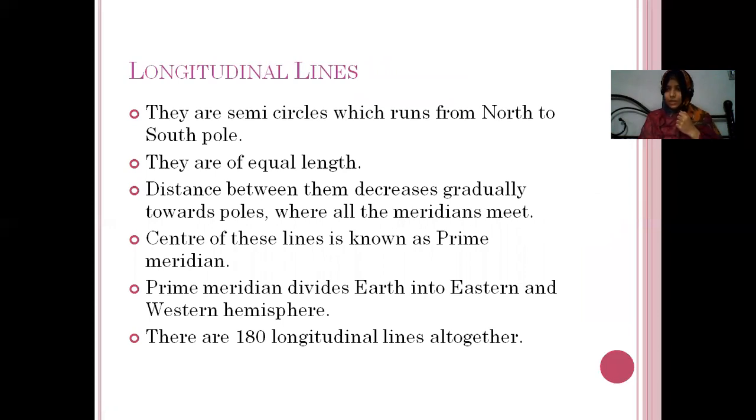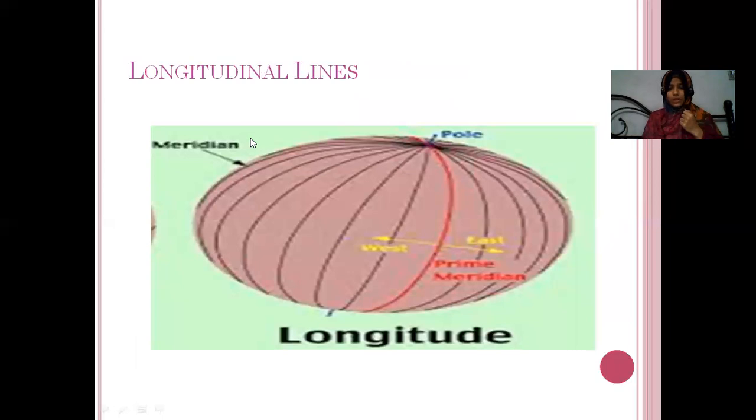Now let's come to the longitudinal lines. You have learned about the latitudinal lines. Now we are going to learn about the longitudinal lines. They are semicircles which run from north to south pole. Look in this diagram, semicircles moving from north to south.